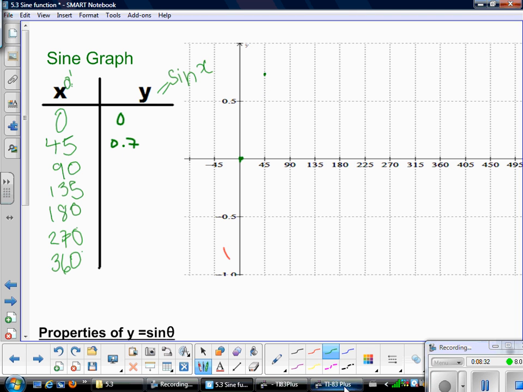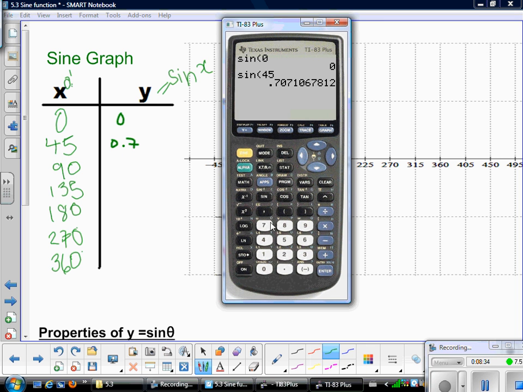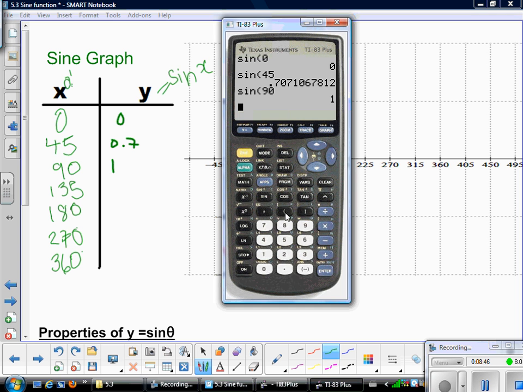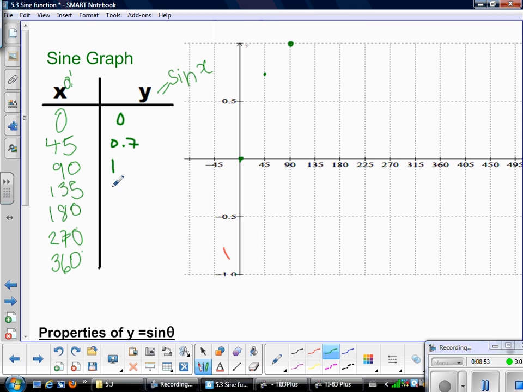At 90 degrees, you maybe remember from the applet what it was, but it is positive 1. And then at 135, 0.7 again.